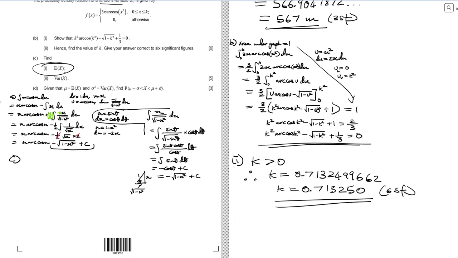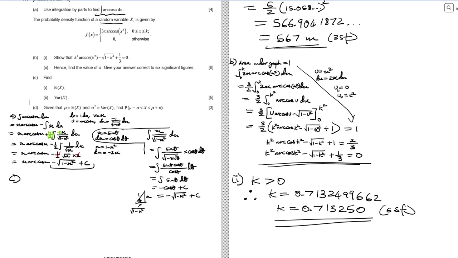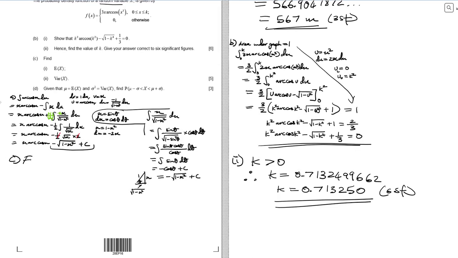Now let's do part C. Find the expected value of this probability density function. We have this formula in our data booklet as well, right? It is just the integral on our domain, which is 0 to k, and we know our k, of x times our probability density function dx, right?